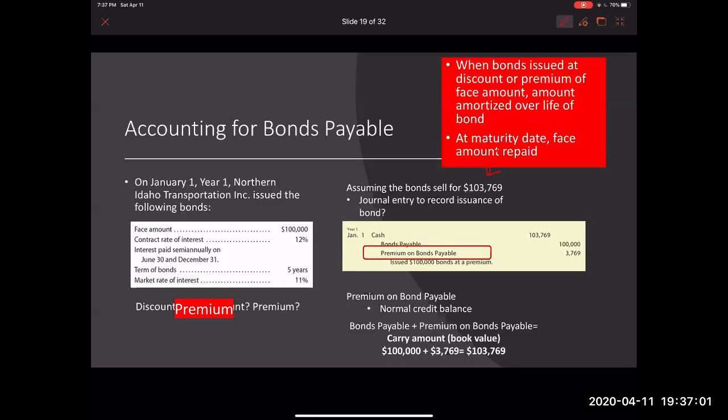So for us, this $3,769 will be amortized just as we did for the discount on bonds payable. At maturity, even if the investors paid us a premium for this bond, we will only repay the face amount of the bond, which for us is $100,000, okay?